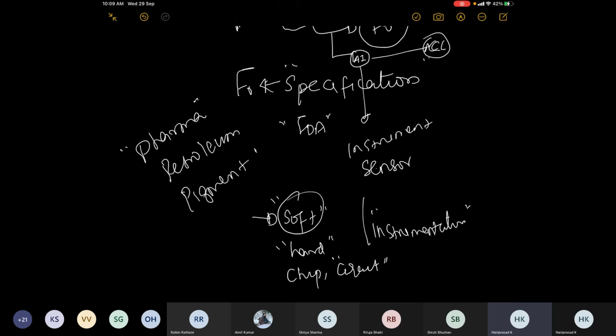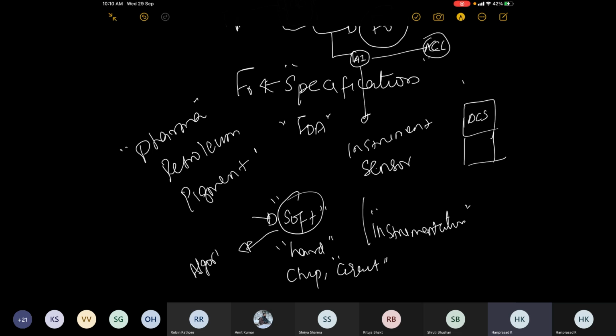Soft controller means that there may be some central PC, which in the process control context is called a DCS, distributed control system, which has a high level of compute where you code in this control algorithm.